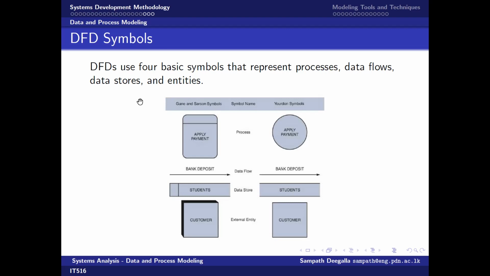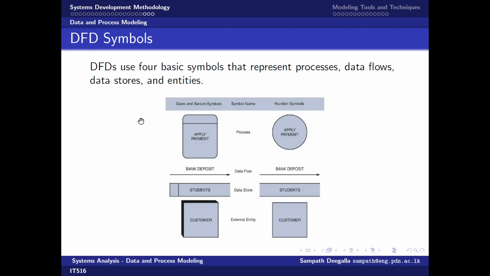We are trying to identify a few things: entities, data stores, data flows, and processes, right? As I already told you, different symbol sets use different graphical symbols, so you have to make sure you stick to one type of symbol set when you come up with data flow diagrams.